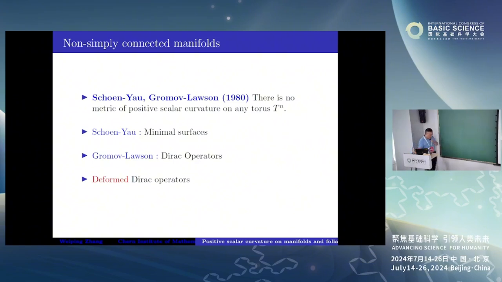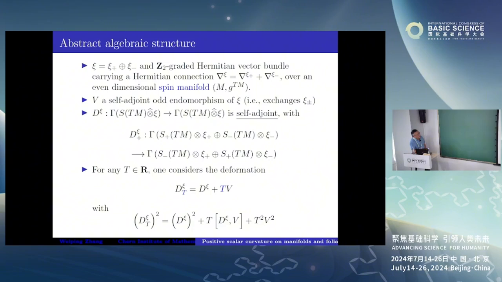And in many cases, it turns out that deformations of Dirac operators can also play an important role. The setting is indeed very simple. Instead of considering a single twisted vector bundle, we consider a Z2 graded vector bundle, a direct sum of two Hermitian vector bundles, and we take a Z2 graded Hermitian connection.